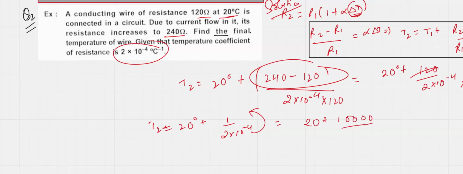If you do this, this will sum up to 5020. You might have made a mistake, taking 2 into 10 to the power minus 4 as 5, so that's why you were getting 25. But that was a mistake in the power calculation. Okay, so this is the solution. Degree Celsius. This is not 0, this is degree.